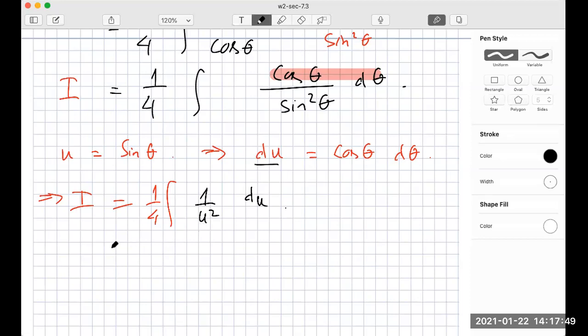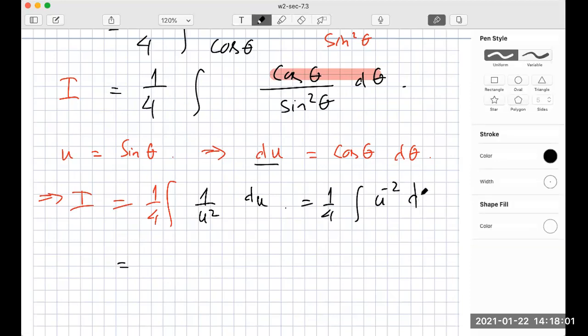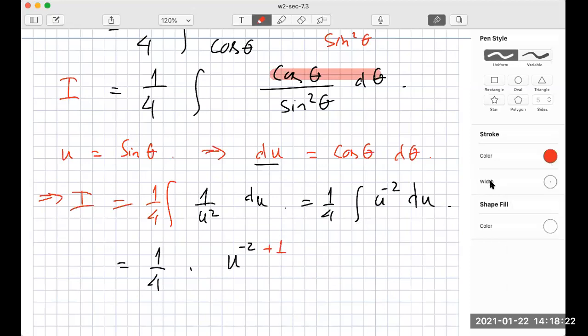Okay, let us continue. What is the antiderivative of this guy? It is always easier to look at this way, right? U to the n, where n here is -2. The antiderivative of this guy would be u to the -2 plus 1. So we add 1 here, right?